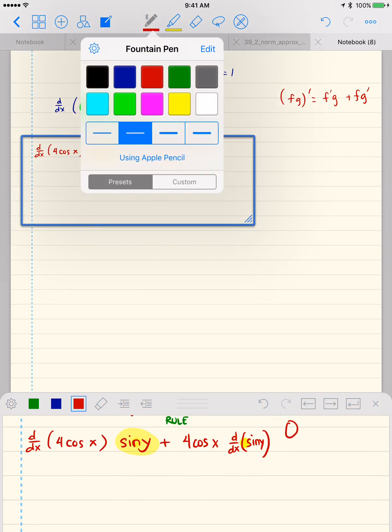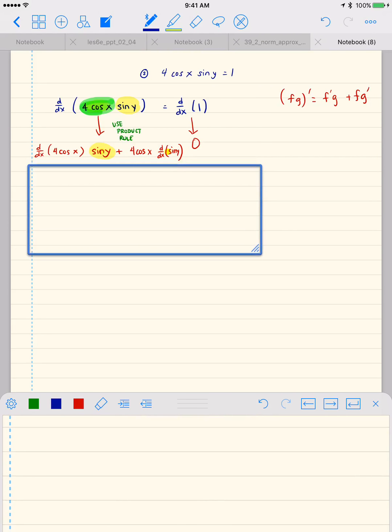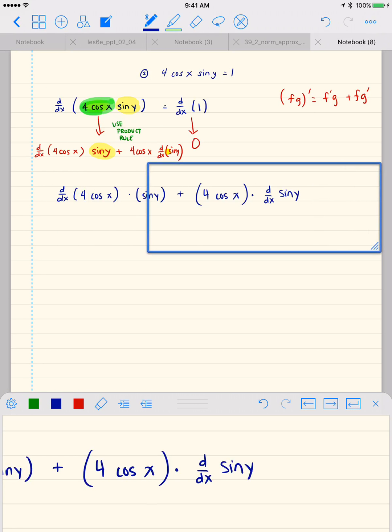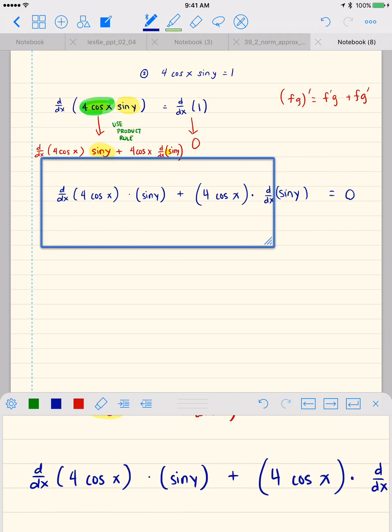So now my equation is d dx of 4 cosine x times sine y plus 4 cosine x times d dx sine y is all equal to 0. Okay.